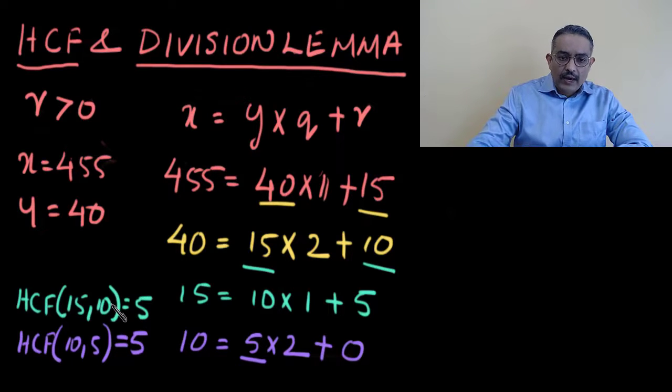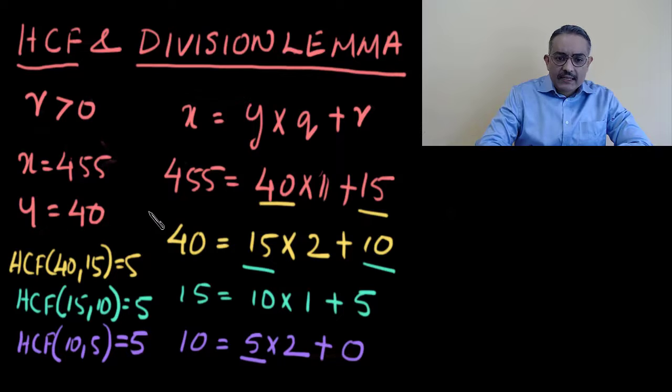In the same way, HCF of 40 and 15 is 5. And finally, the HCF of this 455 and 40 is also 5.